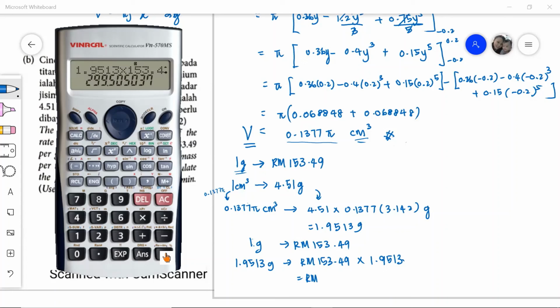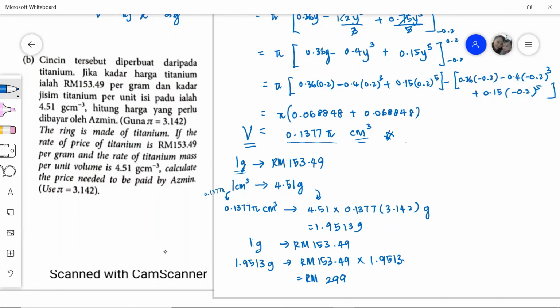So we got our answer, 299 ringgit and 51 cent, 299.51. So that's it. We found the answer for question number 28.